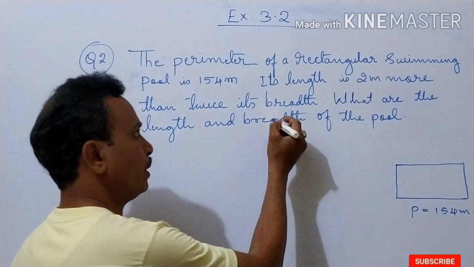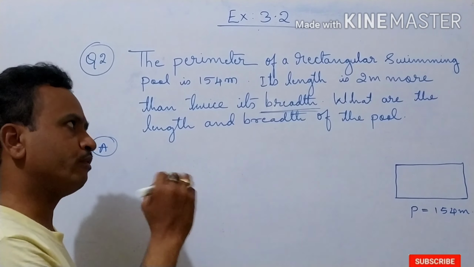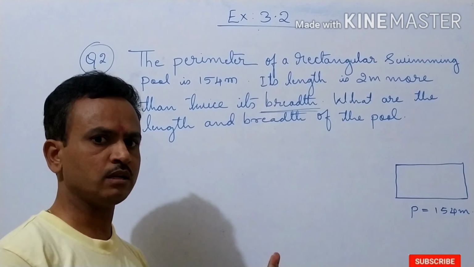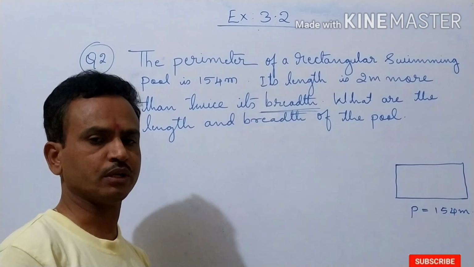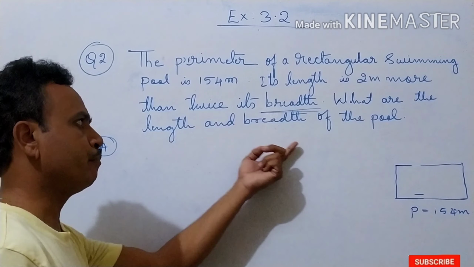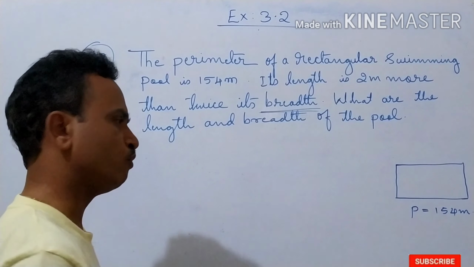Length is 2 meter more than twice its breadth. That means breadth is not given here. So first, what is not given, that we should take here. Let the breadth of the rectangle be x meter. We should find the length and breadth of the pool.